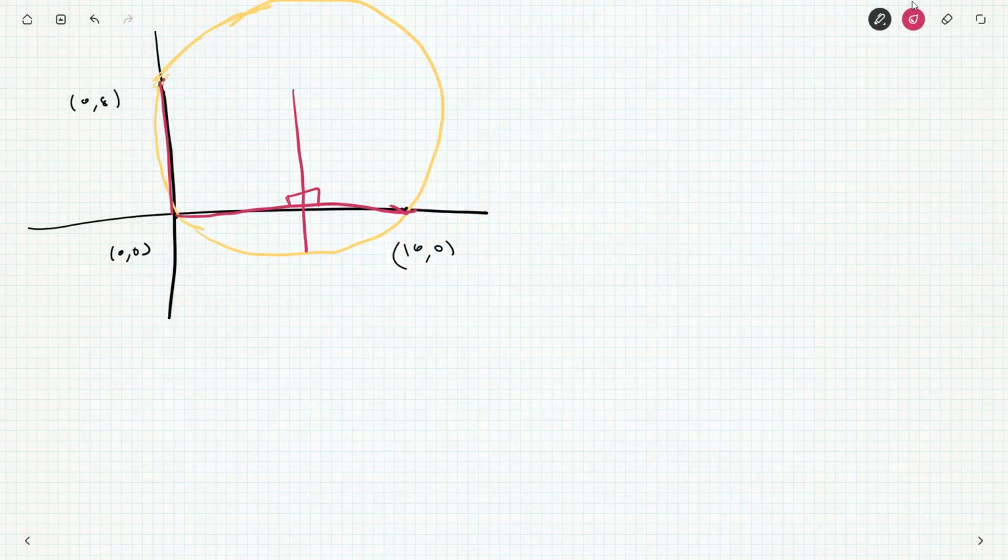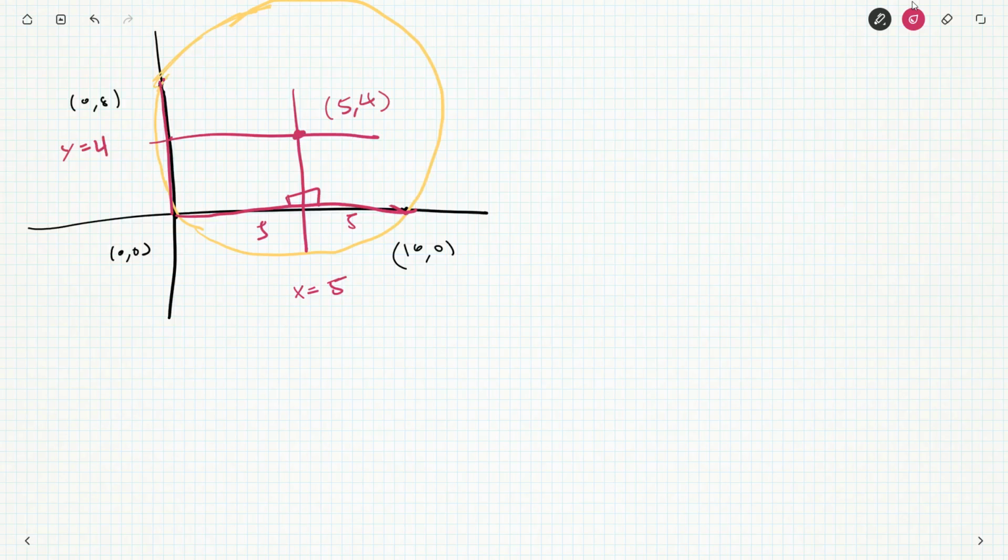Right angle to the x-axis is just x equals something, and it splits it in half, so x equals 5, and the other becomes y equals 4. They intersect exactly at the center, so once again the center is (5, 4).